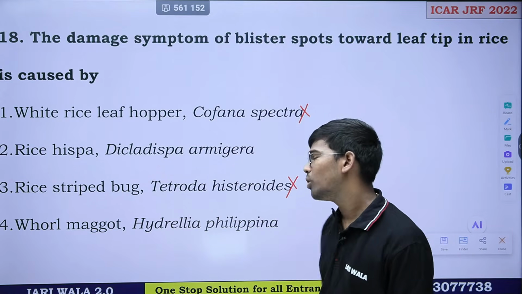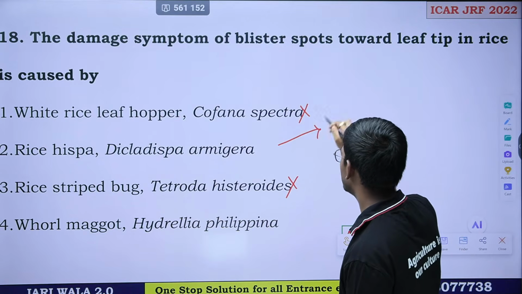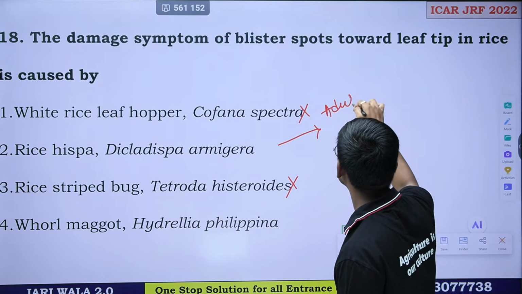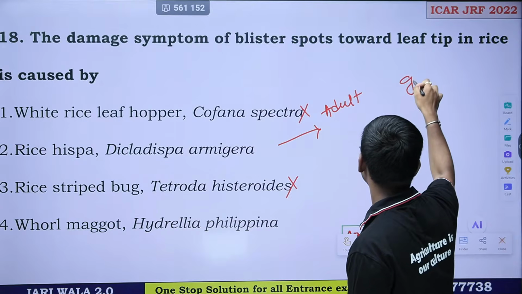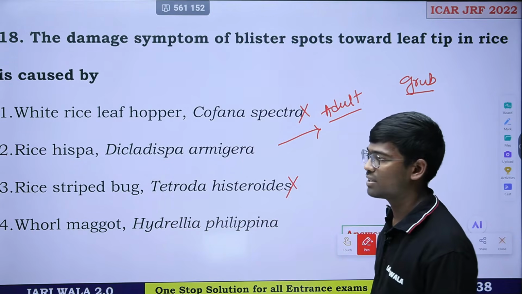If you recall about the rice hispa, both stages, the adult and the grub, are damaging stages.